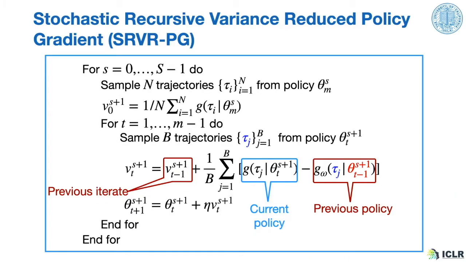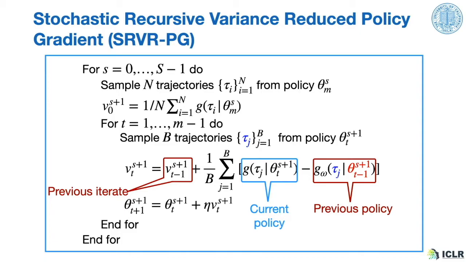Here is the summary of our algorithm, which consists of two loops. In the outer loop, we sample n trajectories to obtain the initial gradient estimator V0, and n could be a large batch size to ensure the accuracy of the estimate.